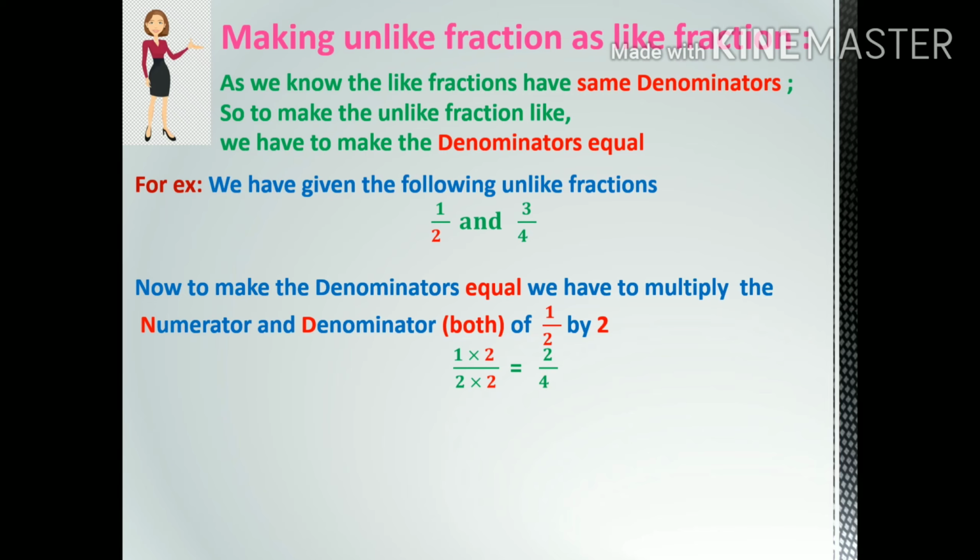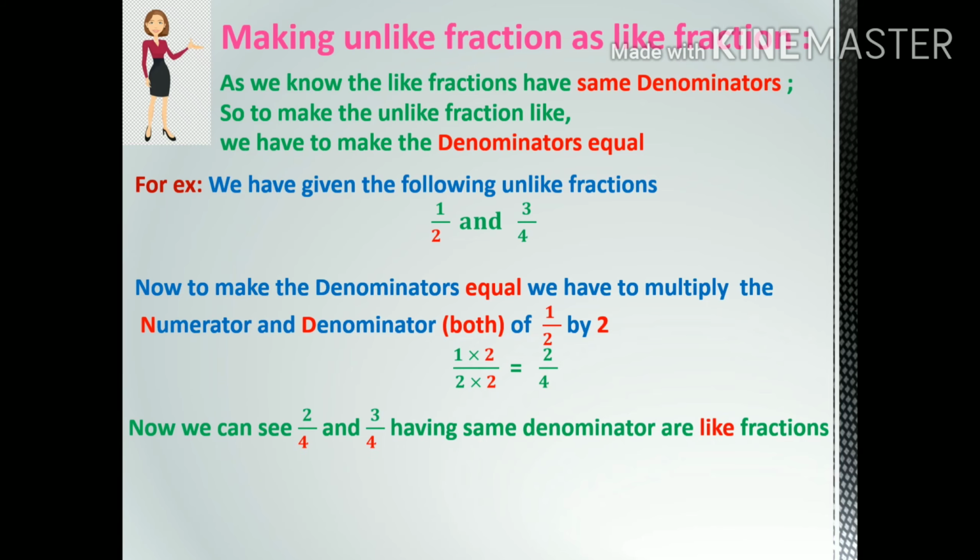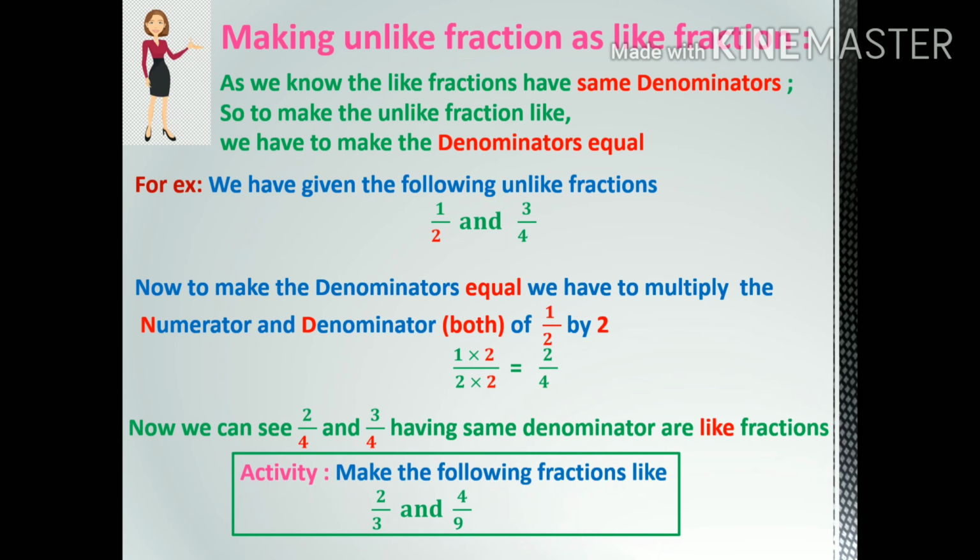To make the denominators equal, we have to multiply the numerator and denominator of 1 upon 2 by 2. That is 1 into 2 upon 2 into 2 is equal to 2 upon 4. Now we can see 2 upon 4 and 3 upon 4 having same denominators are like fractions. Here is an activity for you to make the following fractions like, 2 upon 3 and 4 upon 9.